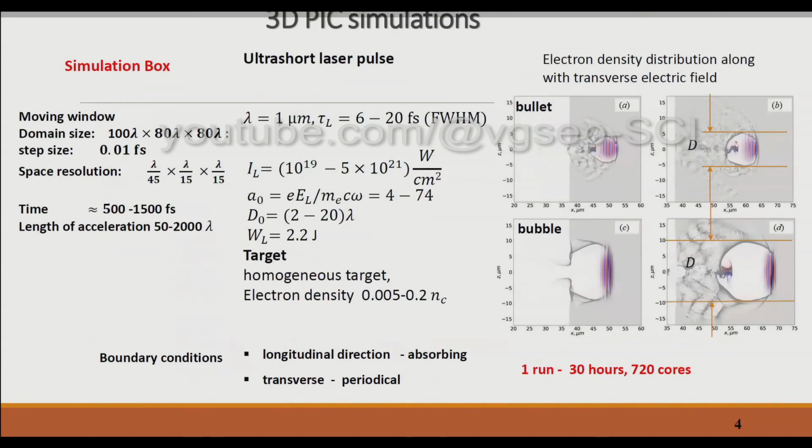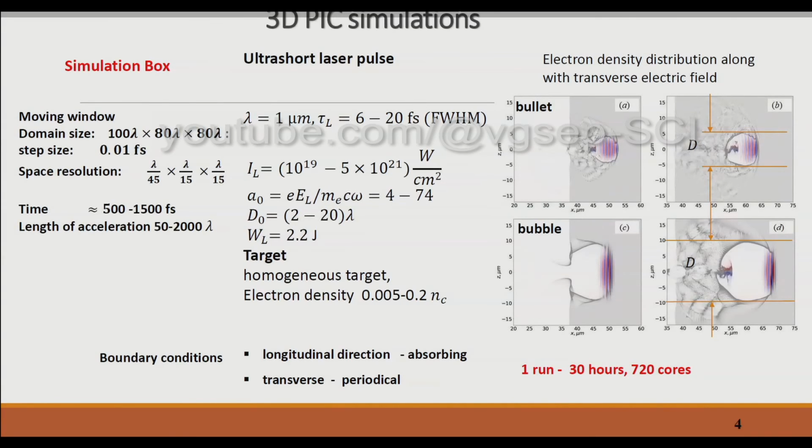For doing that, we perform a three-dimensional particle-in-cell simulation. Here we provide the parameters we use. Note that we use a constant laser energy, which is 2.2 joules.